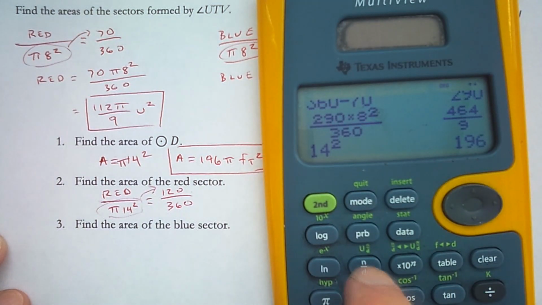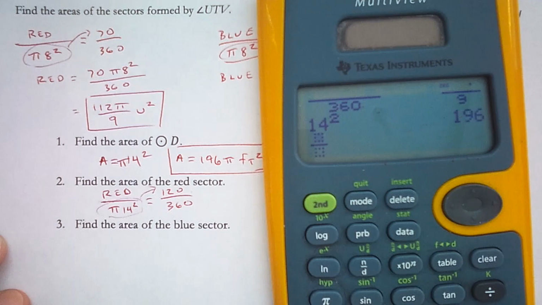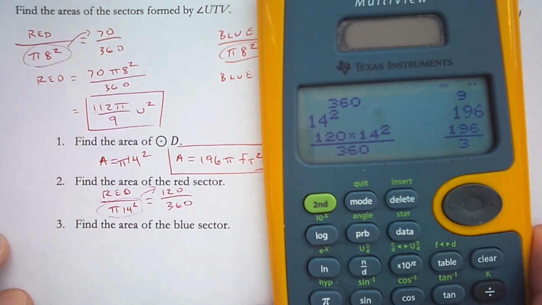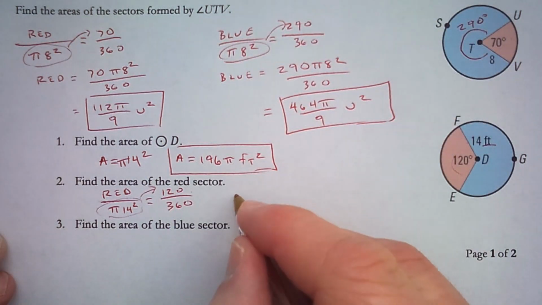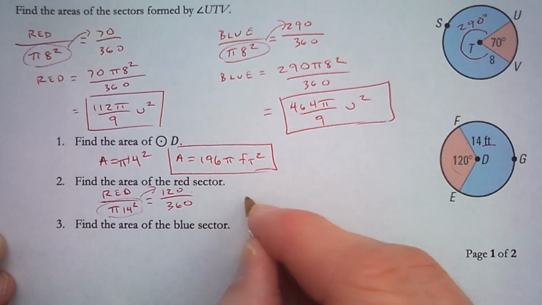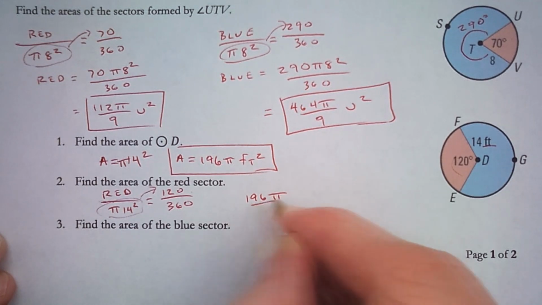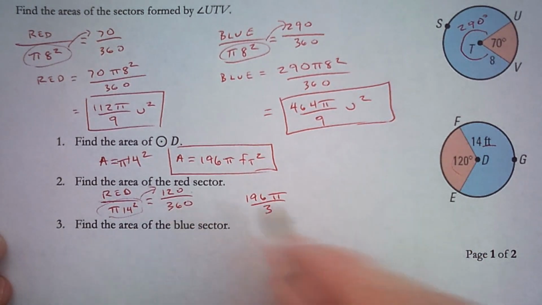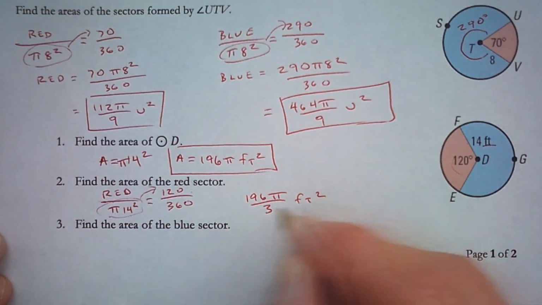In my fraction, the numerator is going to be 120 times 14 squared, and the denominator will be 360. And that gives me 196 over 3. So that's 196 pi over 3 feet squared.